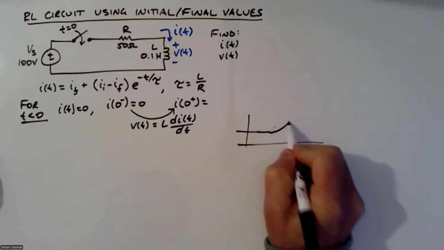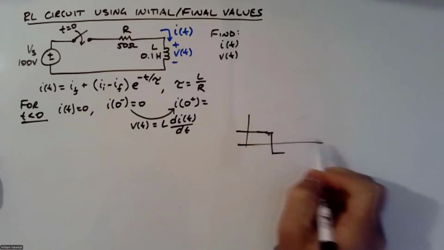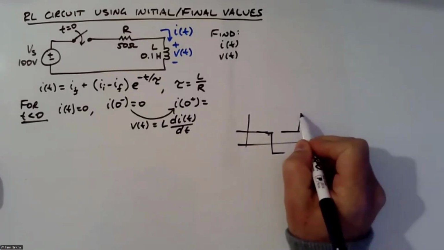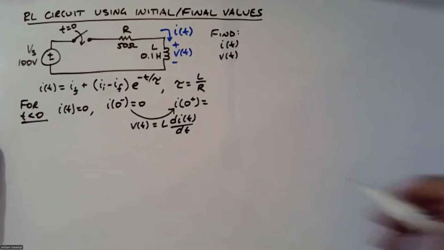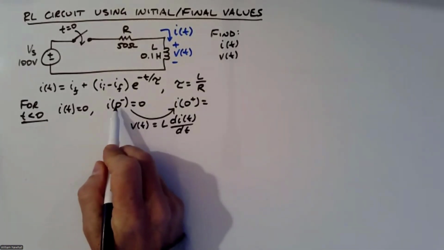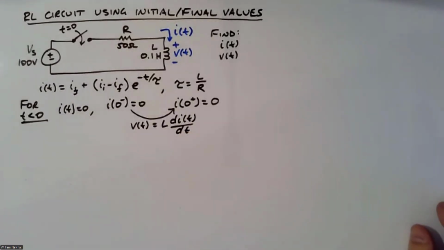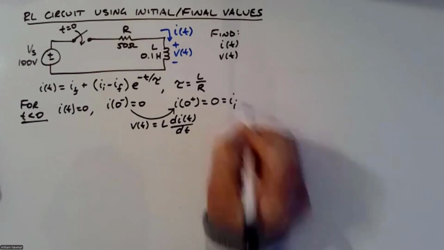You can have some kind of smooth transition, but you can't have a sharp negative infinity slope or a sharp positive infinity slope, right? Because that would take infinite voltage. So if the current is 0 right before the switch closes, then the current is 0 right after the switch closes. And so that is I_I.